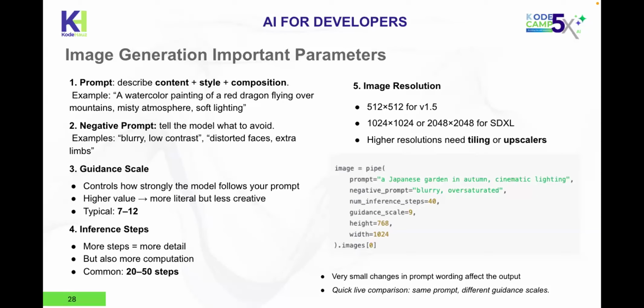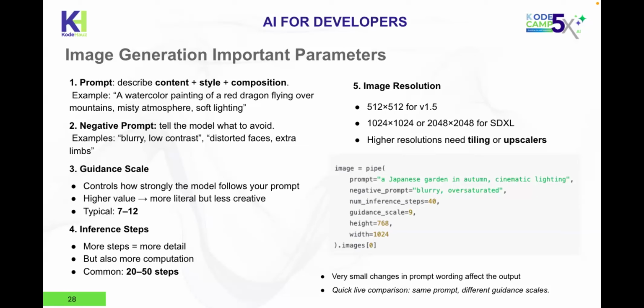Also, some models have limits. Of course, there is a limit to what resolution models can go to, right? So with Stable Diffusion version 1.5, it can do up to 512 by 512 pixels, right? But if you want more, like 1024 by 1024 or 2048 by 2048, then SDXL can give you that.